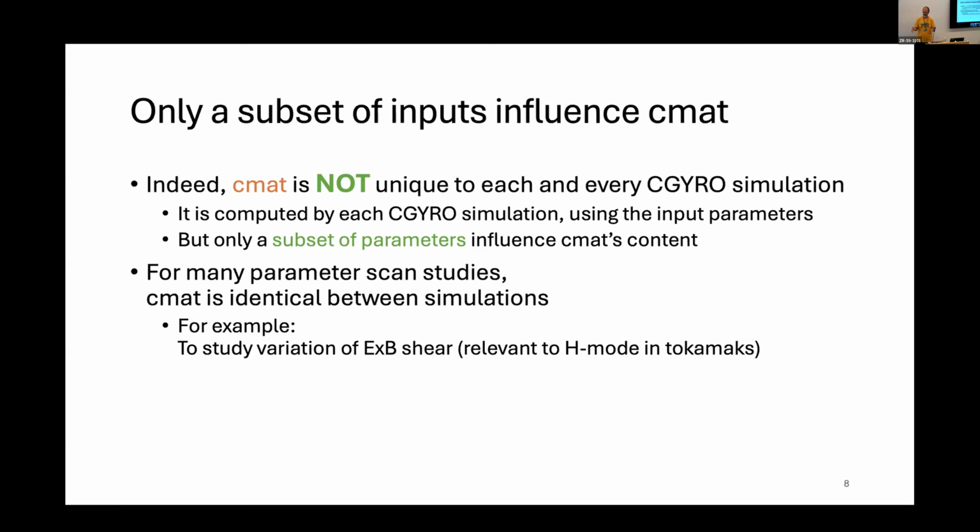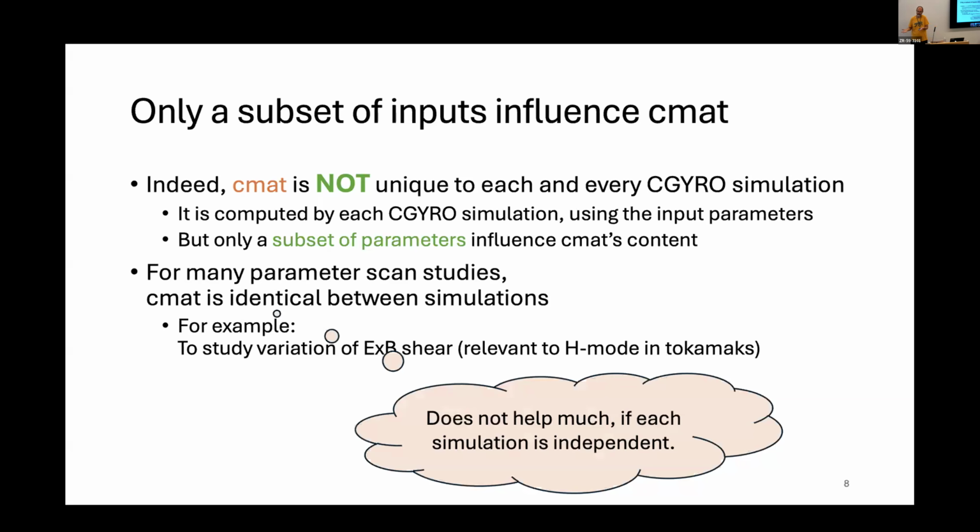Only a subset of parameters is used to create this constant structure. So indeed, there are many studies that run variations of the simulation where this constant structure actually stays constant across each and every simulation. So this is good. We don't really need to recreate it every single time.